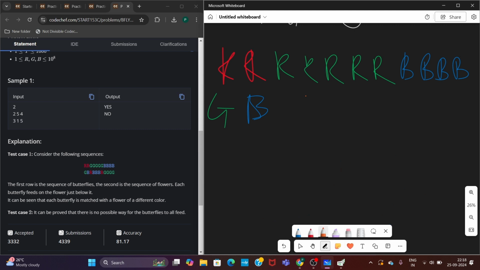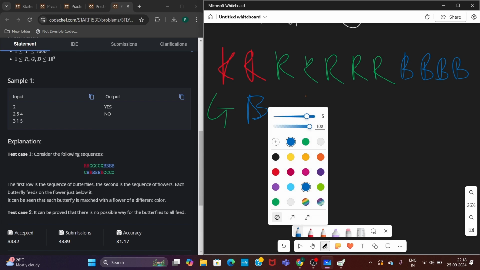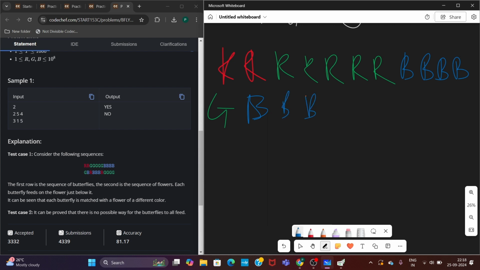Here we have three blue flowers and two red flowers left.